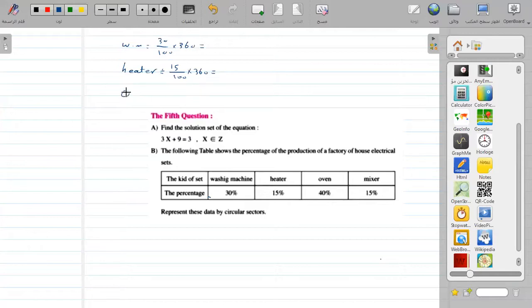Okay, oven equals 40 over 100 times 360. The last one is mixer, equals 15 over 100 times 360. Now we will find the washing machine first. 30 over 100.